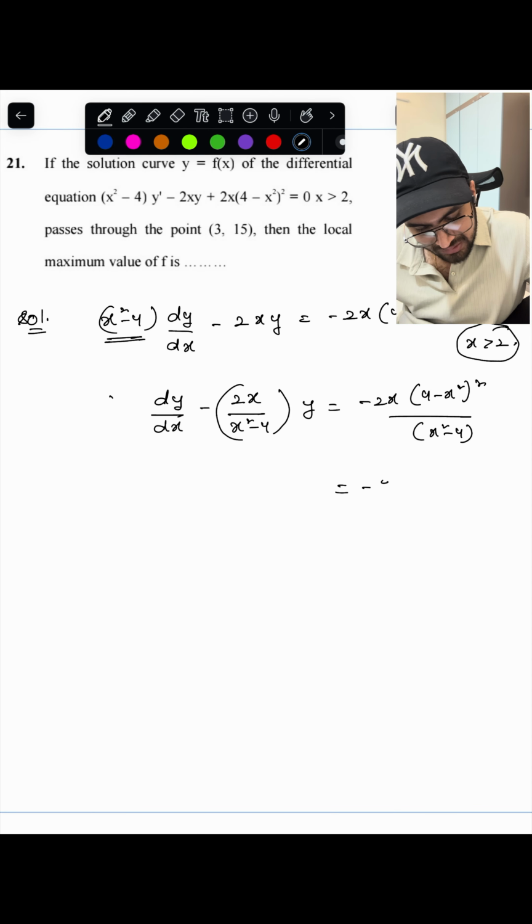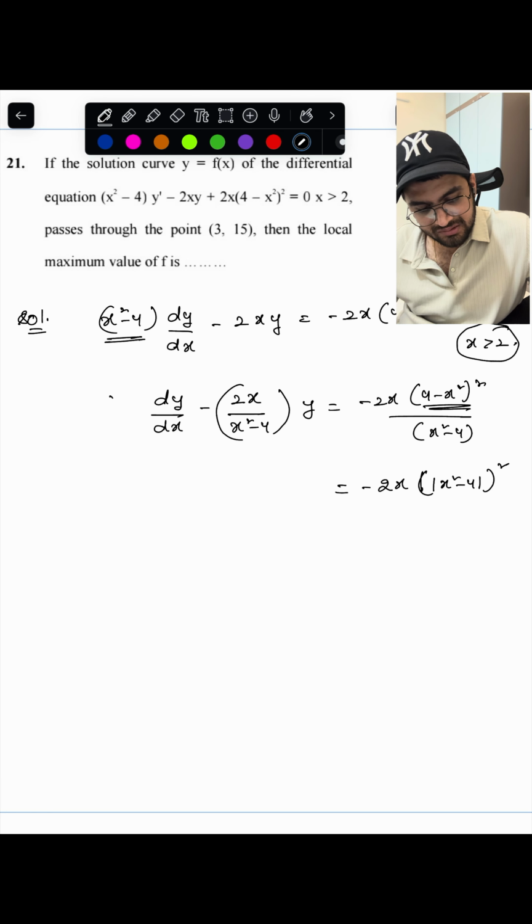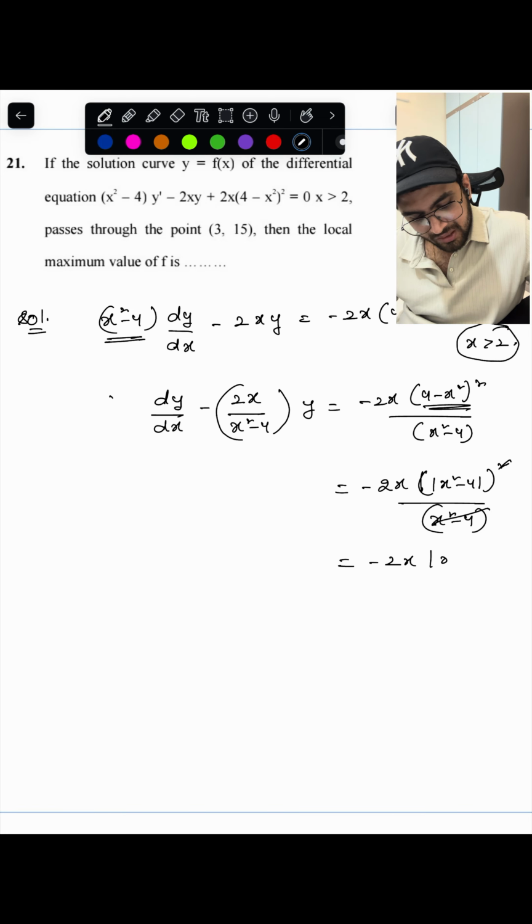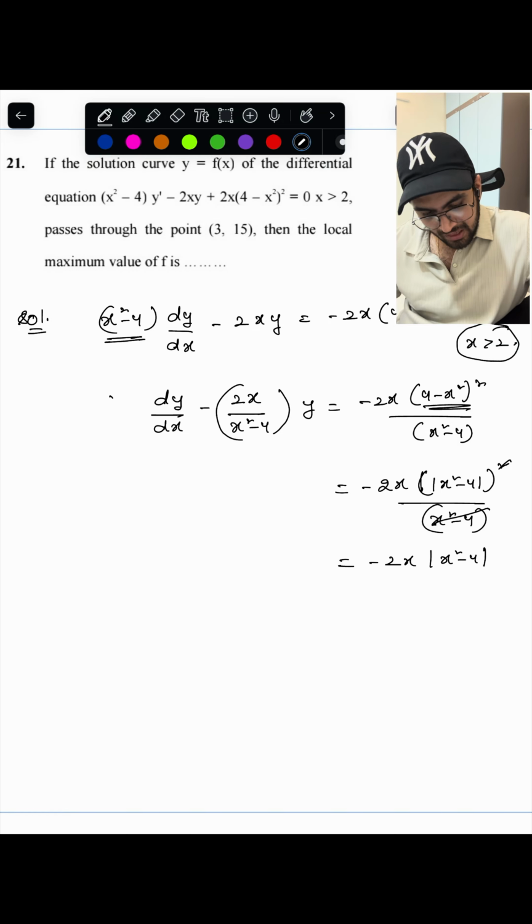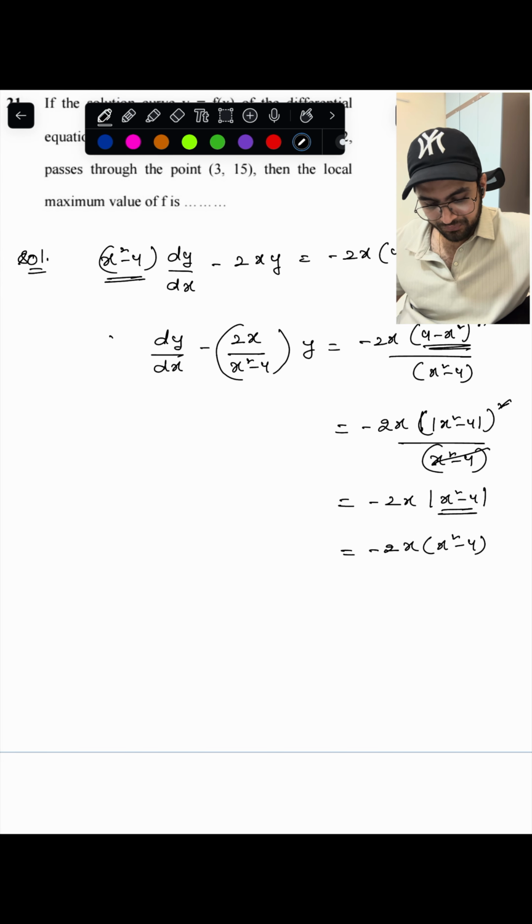So what we can do is write this as mod of (x² − 4) whole square, by x² − 4. If I cancel out, I will be left with mod of (x² − 4). But here, if x is greater than 2, x² − 4 is positive, so you can write minus 2x times (x² − 4) directly, right?